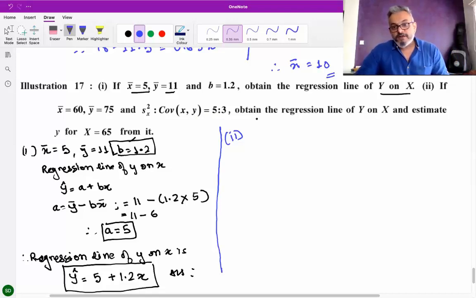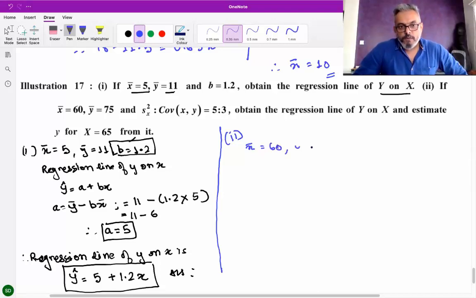Obtain the regression line of y on x and estimate y for x is equal to 65 from it. So let's start by writing what is given. X bar is equal to 60, y bar is equal to 75, variance of x or s square x is 2 covariance x comma y is equal to 5 is to 3.